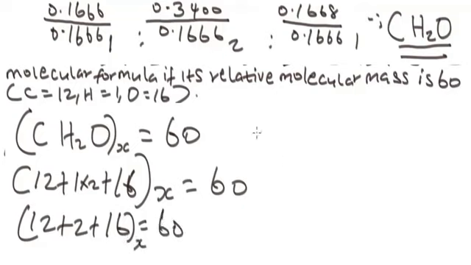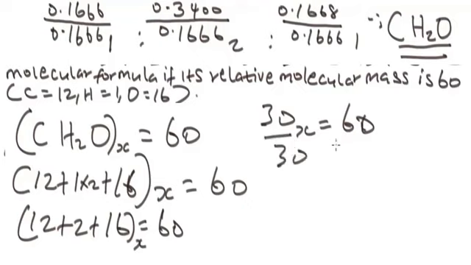When you break it down further, 12 plus 2 gives us 14, and 14 plus 16 gives us 30. So 30x equals 60. To get the value of x, you divide both sides by 30. Therefore our x will be 2.